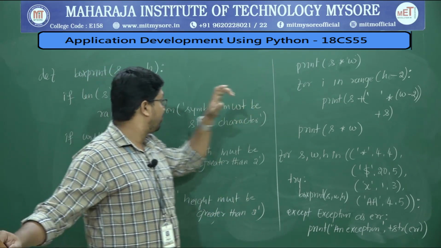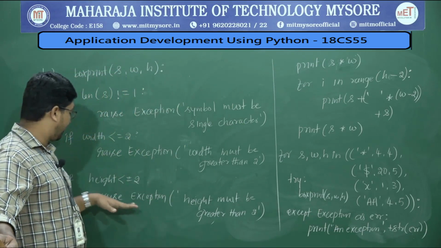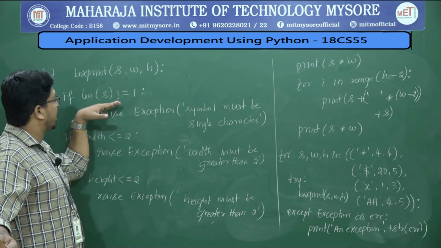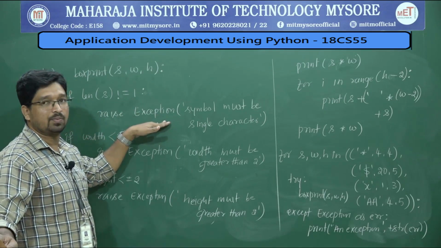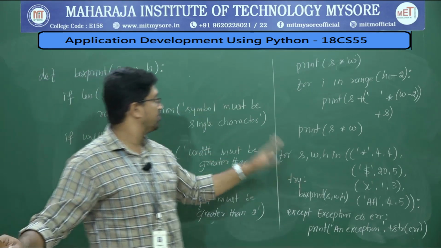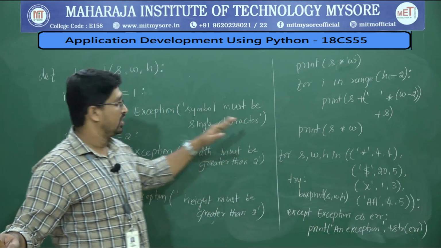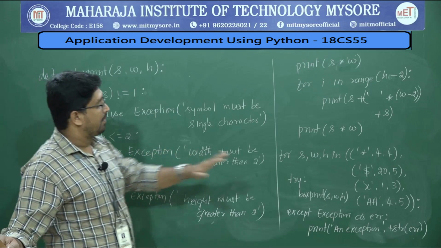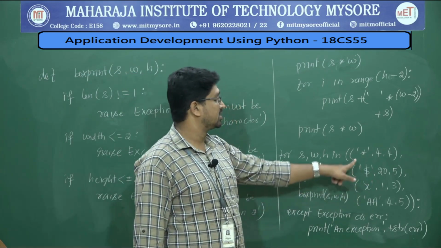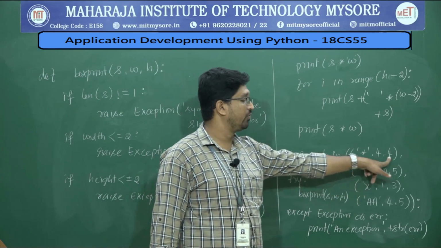Then finally, if any condition is true, we will raise an exception, print the error message, and come back. For example, I am passing here, we will see later, star 4 4.